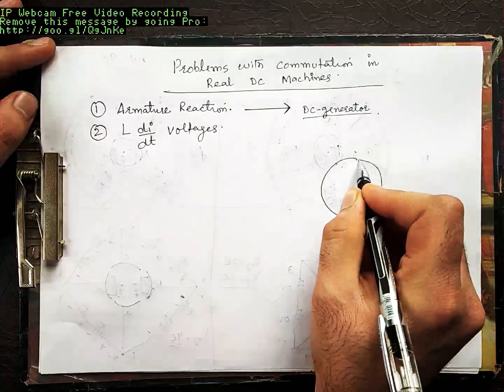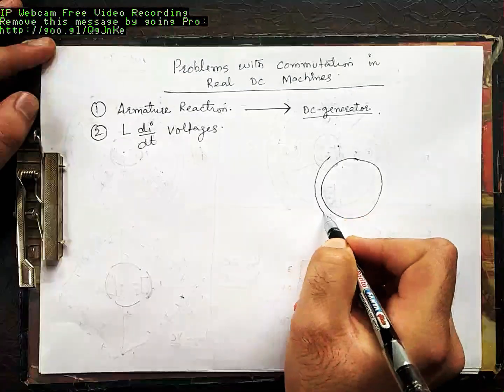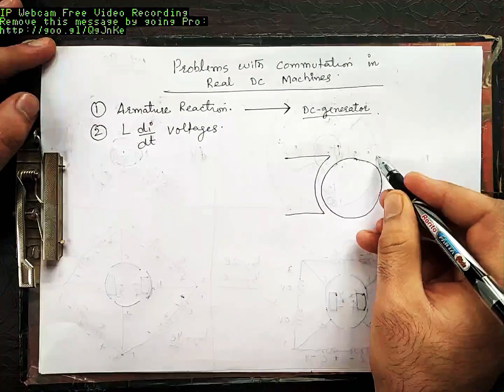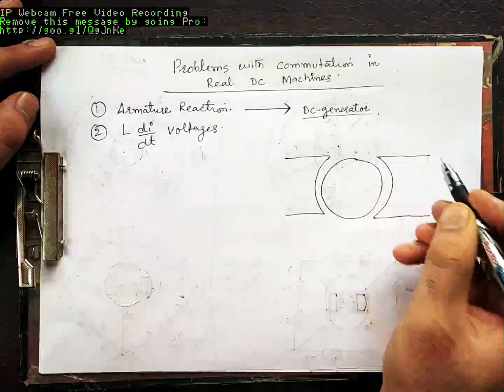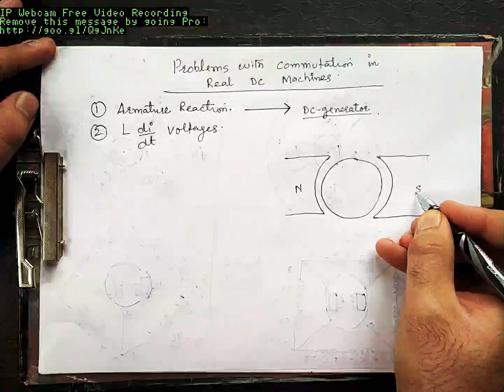Suppose this is the rotor of a DC machine, a DC generator. This is the field. Let us suppose this is the north pole, this is the south pole.